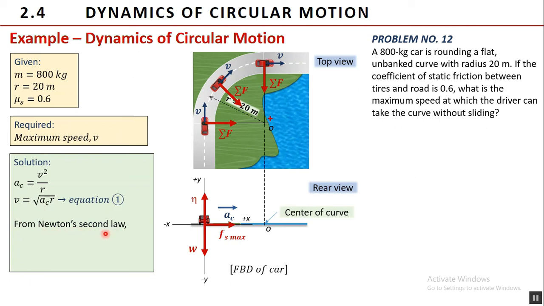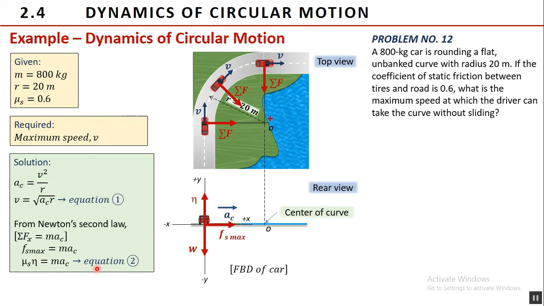Now, from Newton's second law, the summation of forces along the x-axis is equal to mass times centripetal acceleration. From the FBD, we have only one force on the x-axis, the maximum static friction, Fs max. So this is equal to mass times acceleration. But we know that static friction is also mu sub s times the normal force.